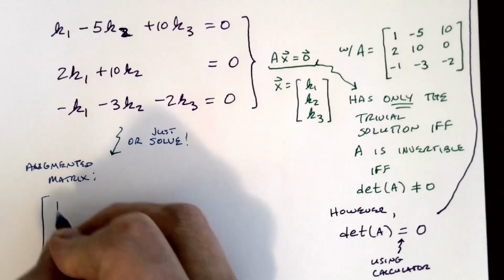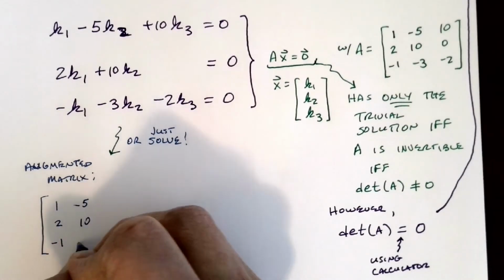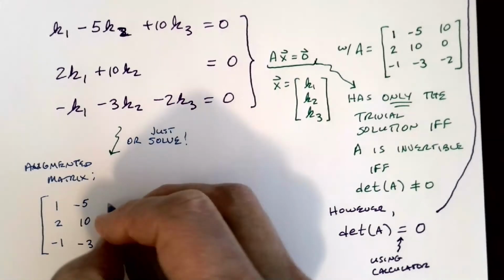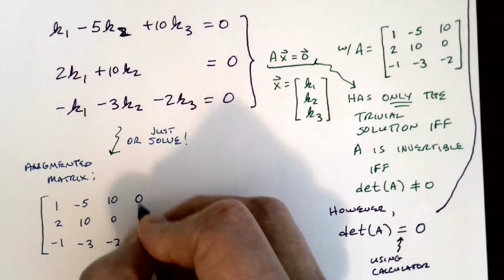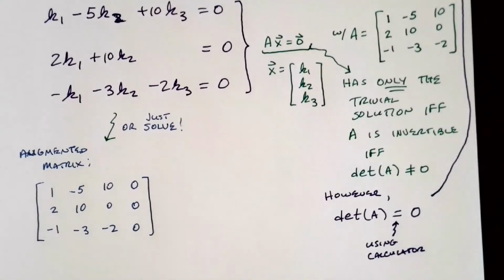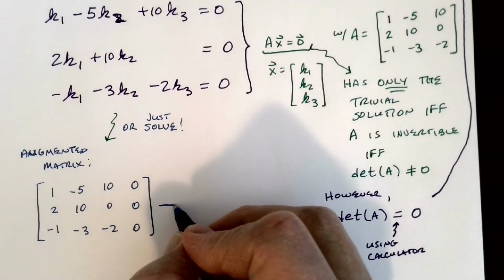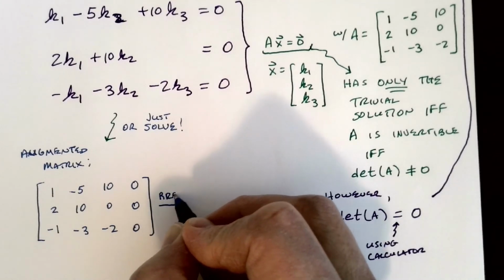Our coefficient matrix, and that includes our constants, which are all zeros. There's our augmented matrix. And what would we do? We would do Gauss-Jordan elimination, right? Do all our row operations and get this into reduced row echelon form.